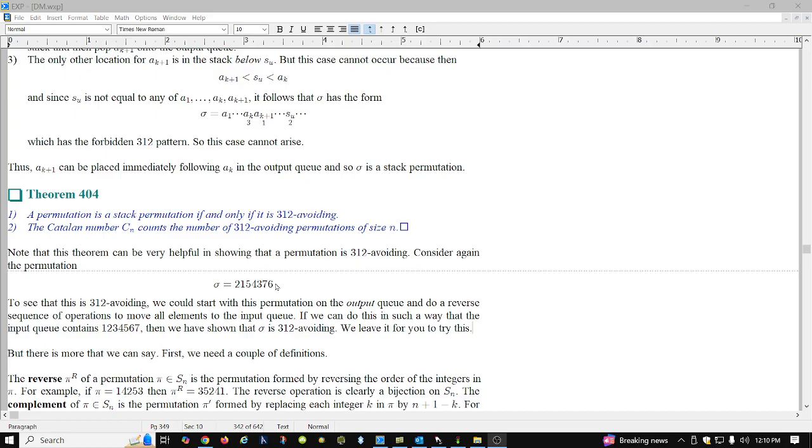If you can do that in such a way that at the end the input queue is 1, 2, 3, 4, 5, 6, 7 in order, then you have shown in effect that you could have started with 1 through 7 on the input queue and the output permutation would be sigma, and so the theorem tells us that sigma is 312 avoiding.